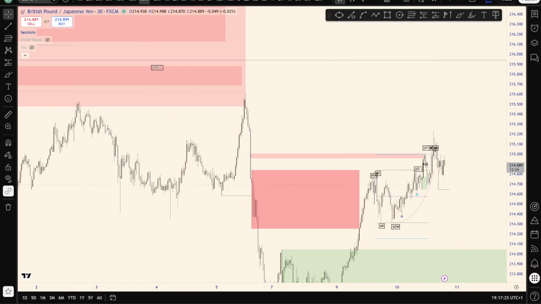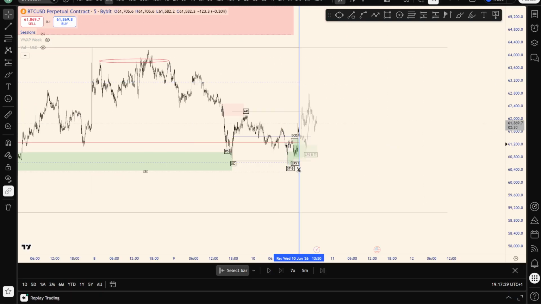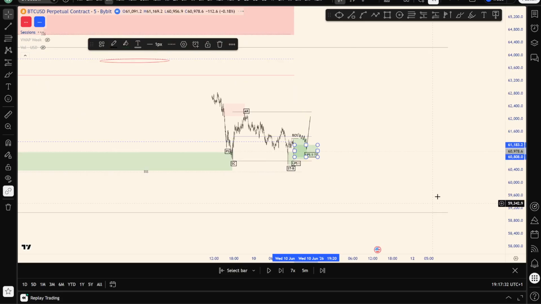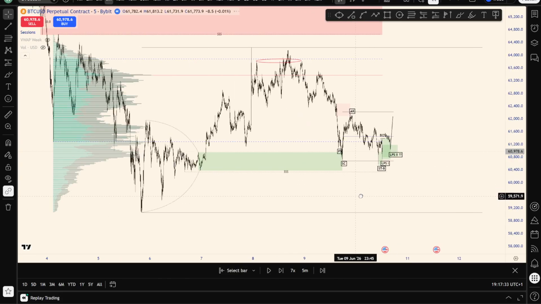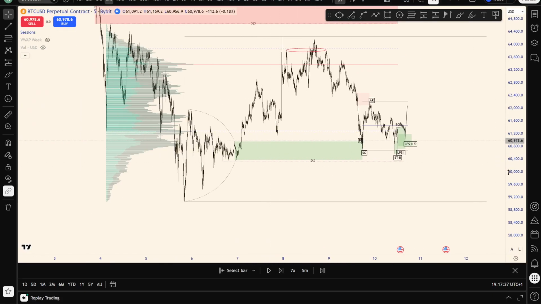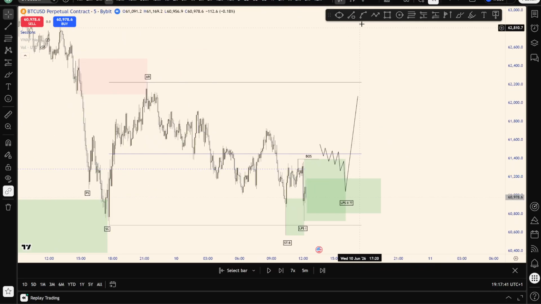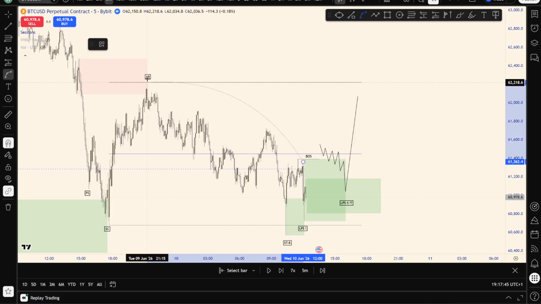So starting off with crypto, today I was watching this main range and Bitcoin has here a pretty nice return to zone, right?